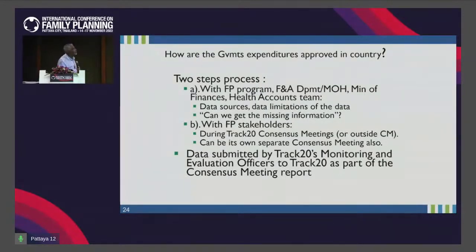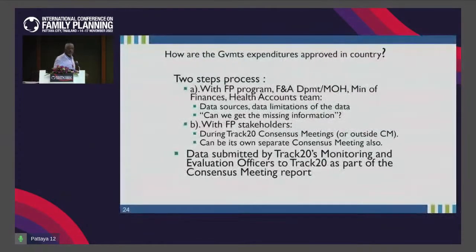It's a two-step process. First, the institutions, the consultants who do the work, have the tool that Track 20 developed and the different guidelines. They work with the family planning program, the finance and administration department of the Ministry of Health, sometimes the Ministry of Finance, and certainly with the health account teams.